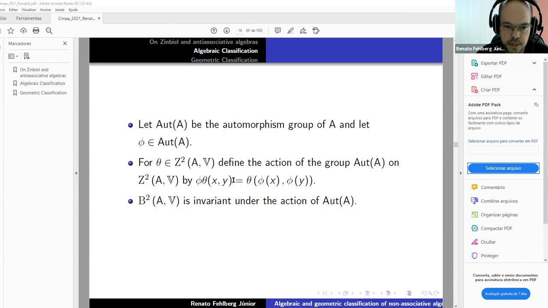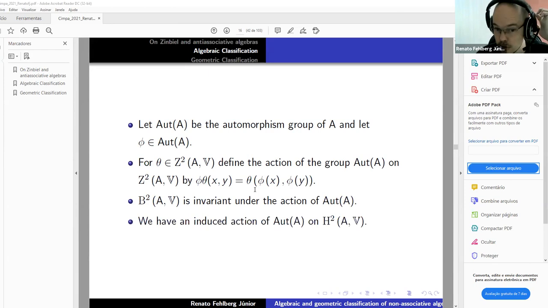We can prove that the B2 is invariant under this action of the automorphism group. And with this, you can induce the action of the automorphism group on the second cohomology group. Okay.